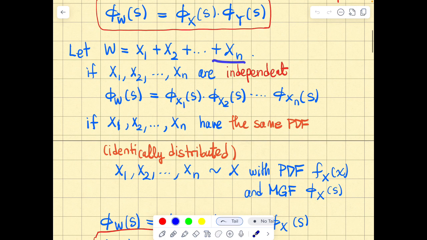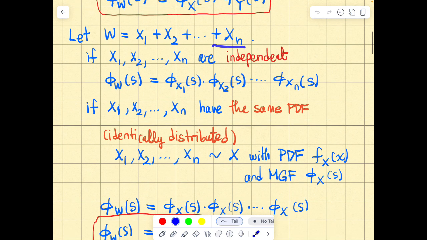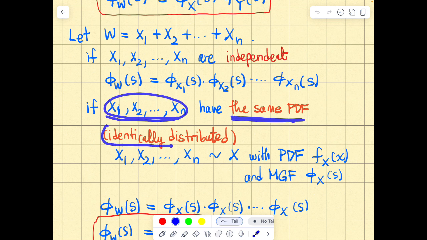In addition to independent, if all of these x1 to xn have the same PDF, so it's the same type of random variable, we call this identically distributed. That means they have the same distributions, the same CDF or same PDF.